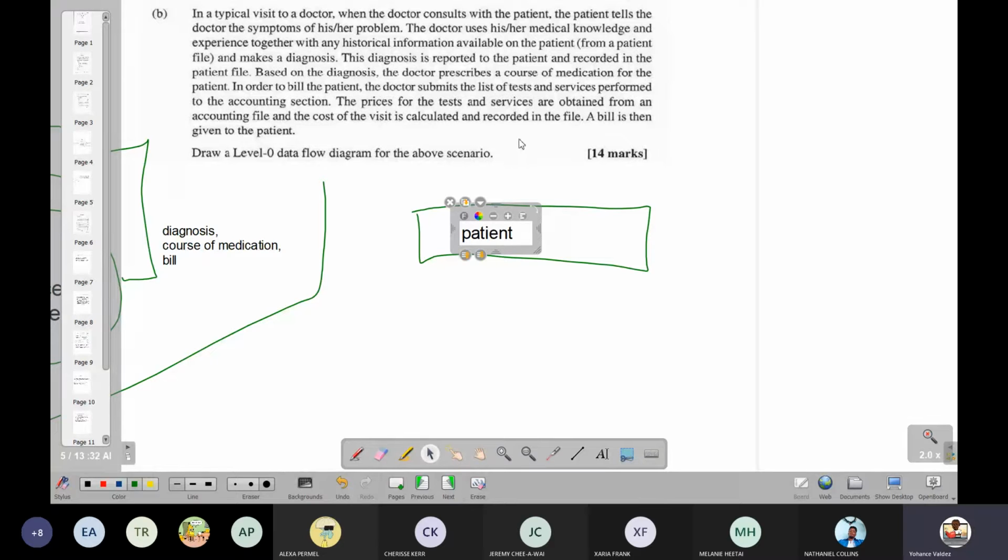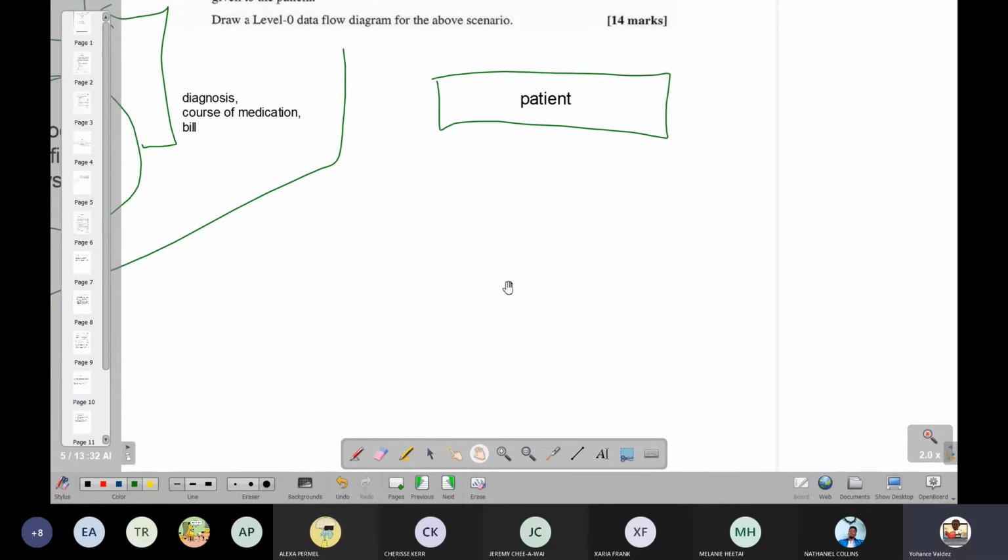And the first process is what? What is the first process that the patient does? When you are with the doctor, you're basically consulting the doctor.